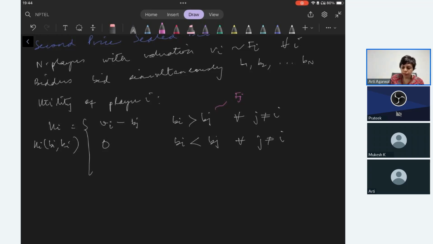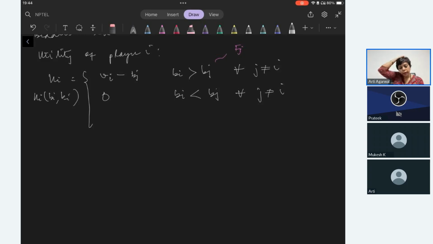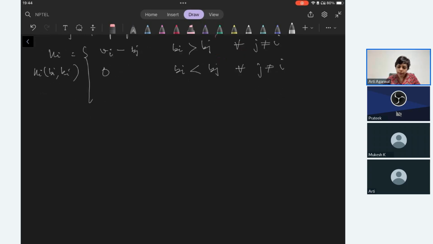Now, let's pause to think a little bit here. We don't have to do anything more than this actually in this question. If you want, you can draw the diagram, but you don't necessarily have to. There can be maybe 3 cases here. The first case is where vi is greater than bi, which is greater than bj. In this case, player i wins.